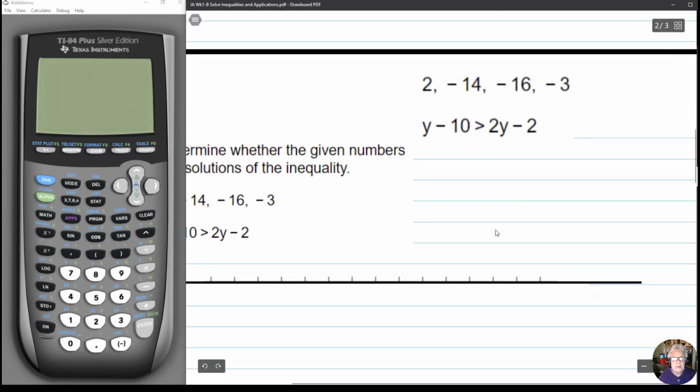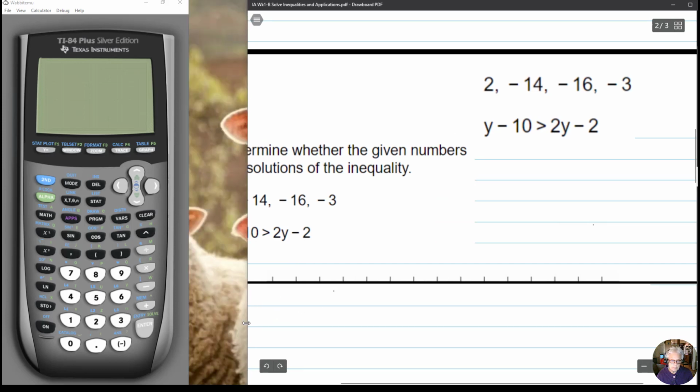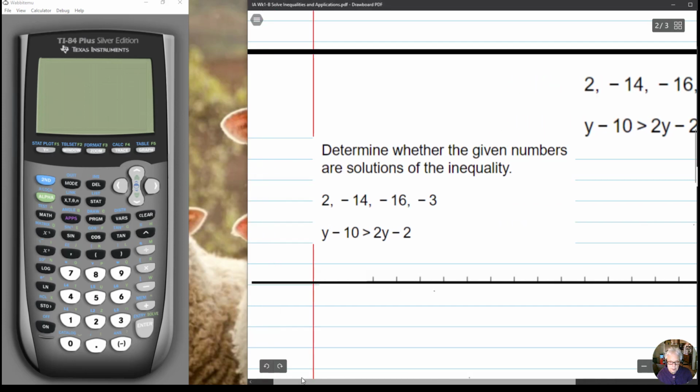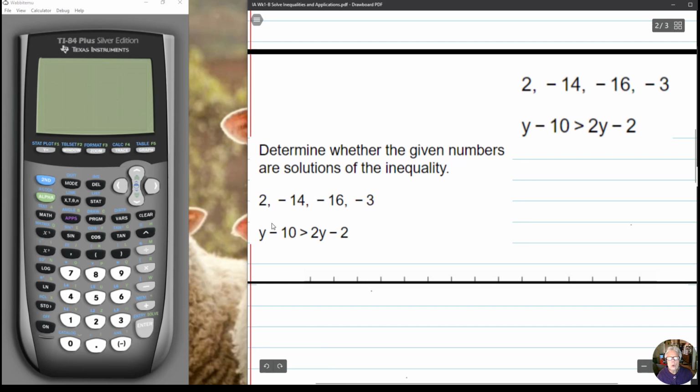Of course, there's another way to do it also, and that's to solve the inequality first, this time for y. We're being asked, do these numbers satisfy this inequality?